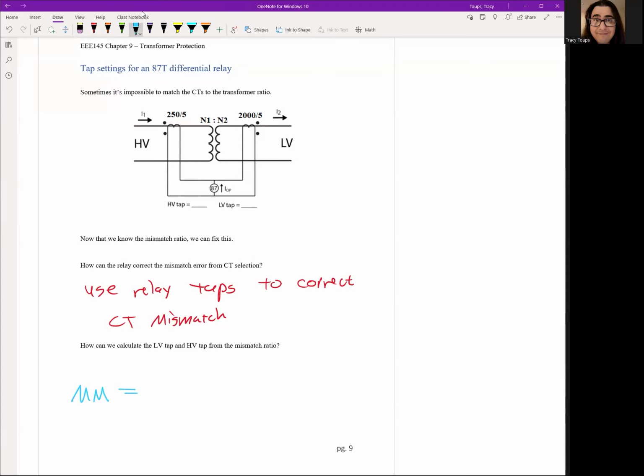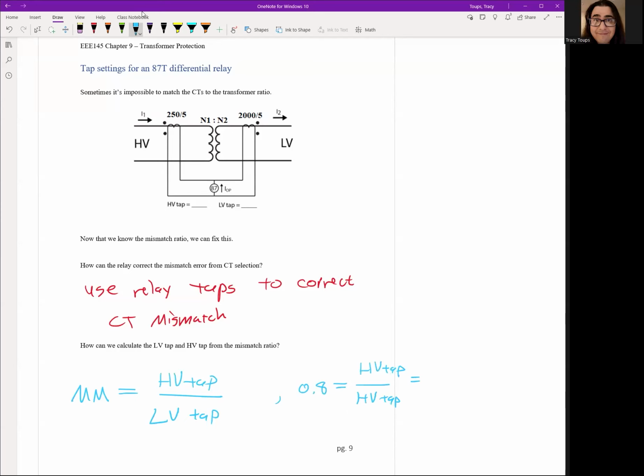And how do you know what your high voltage tap and low voltage taps are? Your mismatch, which we calculated from the previous page, is your high voltage tap divided by your low voltage tap. So for example, if your mismatch was 0.8, you could then choose your high voltage tap and your low voltage tap, whatever ratio you want.